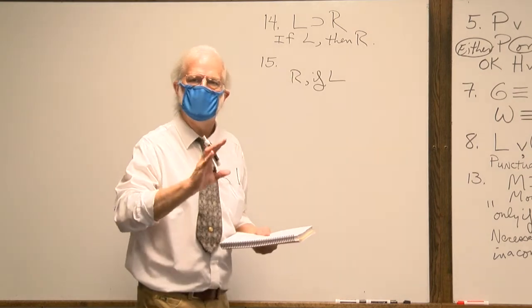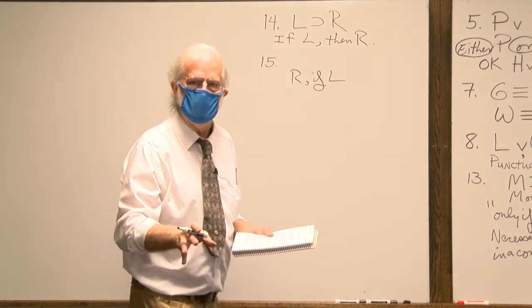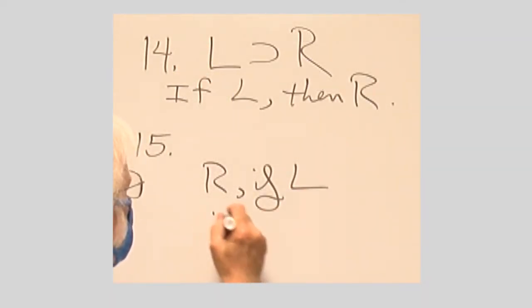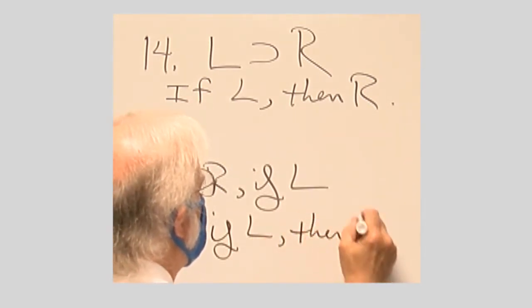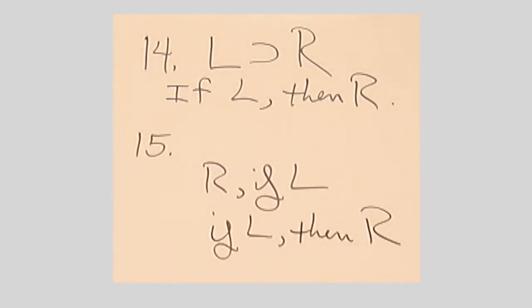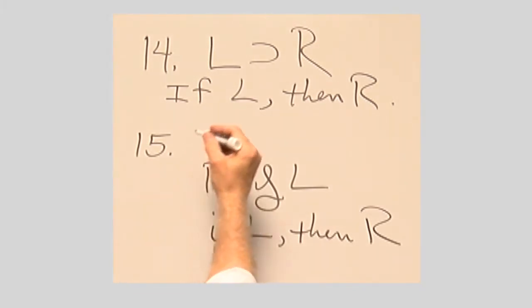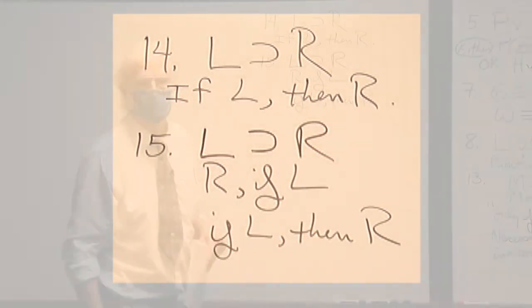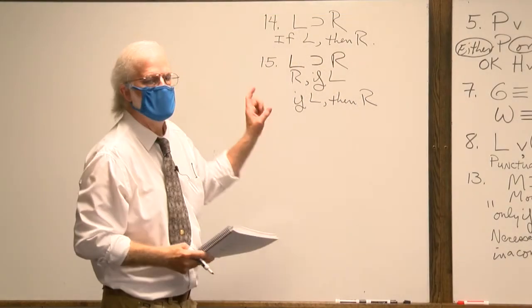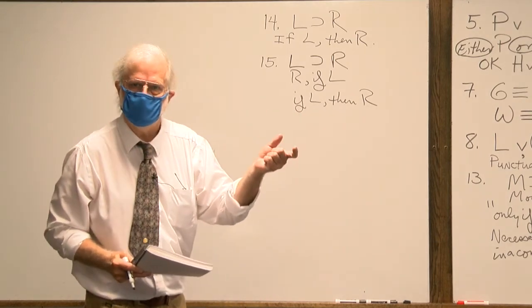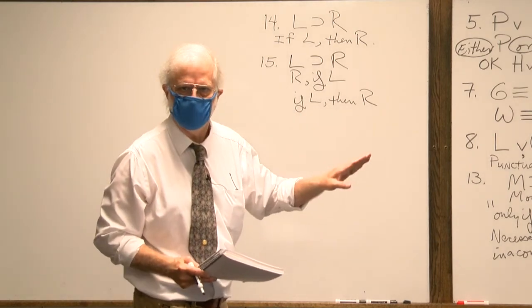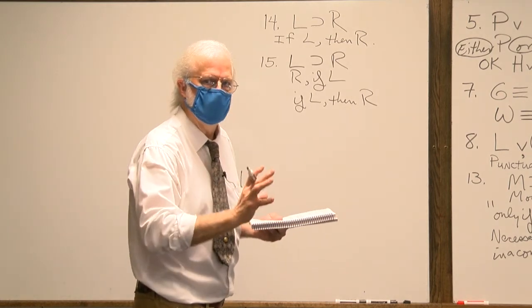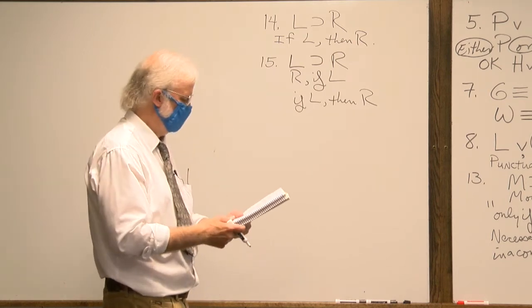But that doesn't change the logical meaning of it. The logical meaning of R if L would still be if L, then R. And so the translation in 15 would still be L, horseshoe, R. The same as number 14, even though the grammatical clauses have been reversed. Again, we don't care about the grammatical structure, surface structure. What we're only interested in is the deeper logical structure.